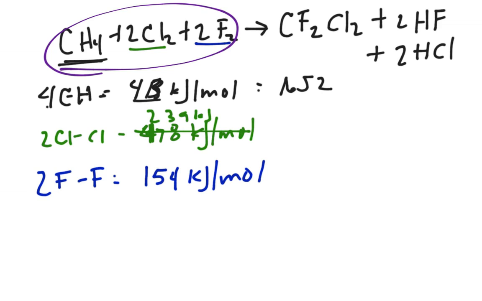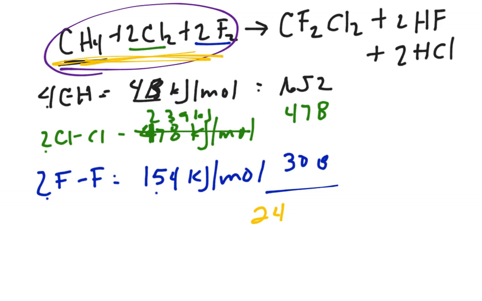This one is my 2 times my 239, so that's my 478. This is my 2 times my 154, so that is 308 kilojoules of energy. And if I add those all together, I get, in my bonds that I'm going to break here, 2,438 kilojoules of energy.